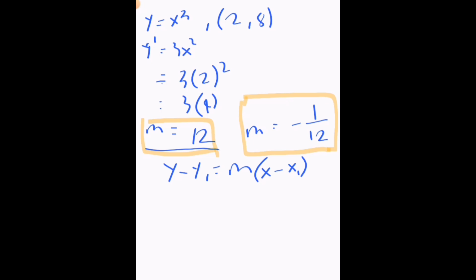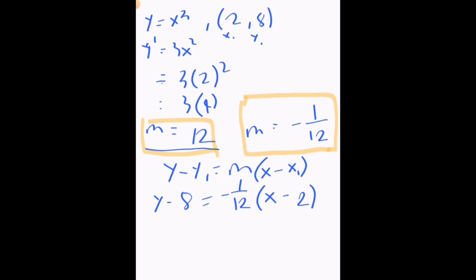So y sub 1 would be 8 and x sub 1 would be 2. Substituting these values, we get y minus 8 is equal to negative 1 over 12 multiplied by the quantity x minus 2.